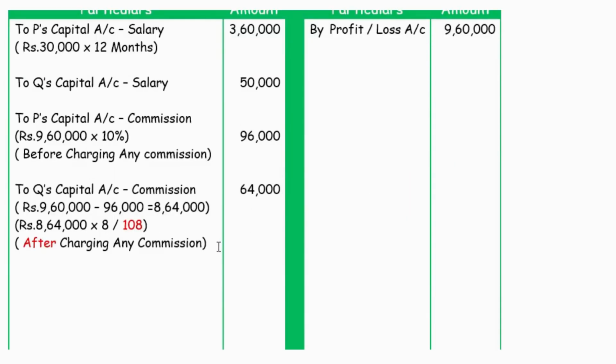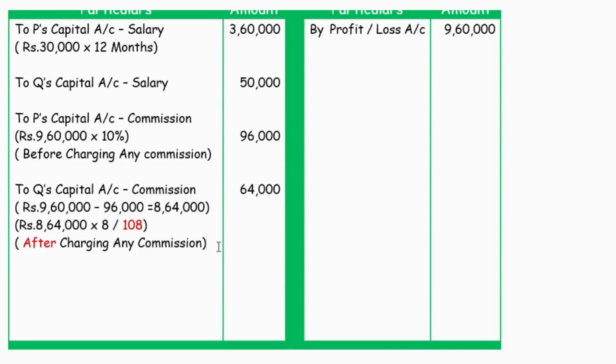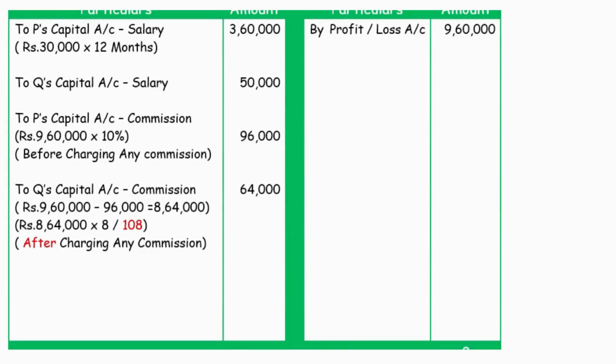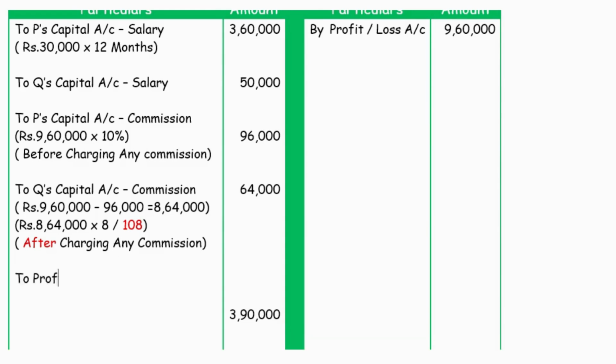So we have made all the entries regarding salary and commission. Now the profit or loss appropriation account is to be balanced. It is 9,60,000, the only entry on the credit side, and when we balance it, the difference amount works out to 3,90,000, to profits transferred equally. The question is silent about the ratio.